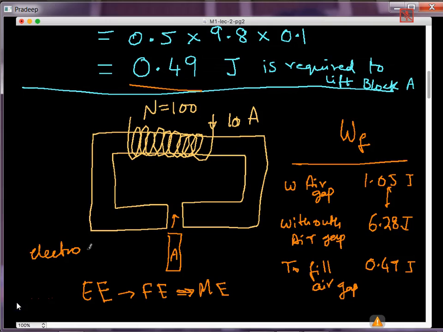So this is how the electrical energy is converted to mechanical energy. So any doubts you have on what we have discussed today?